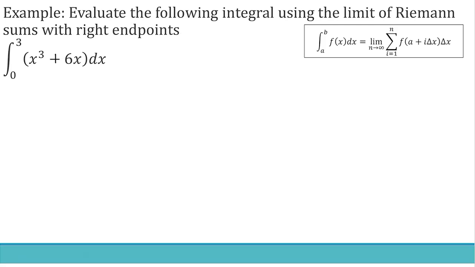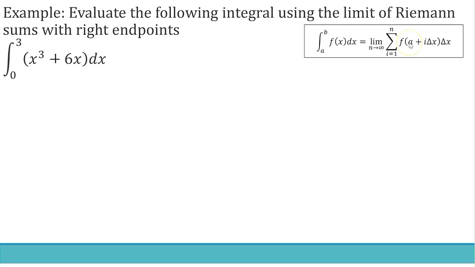So it doesn't really matter if we use right endpoints, left endpoints, midpoints, varying heights. We can choose any we want. The reason why we're choosing right endpoints is because we have a nice formula for it that we developed earlier. And it's going to allow us in a bit to use some known precalculus formulas. So we're going to use our right endpoint formula to evaluate a definite integral.